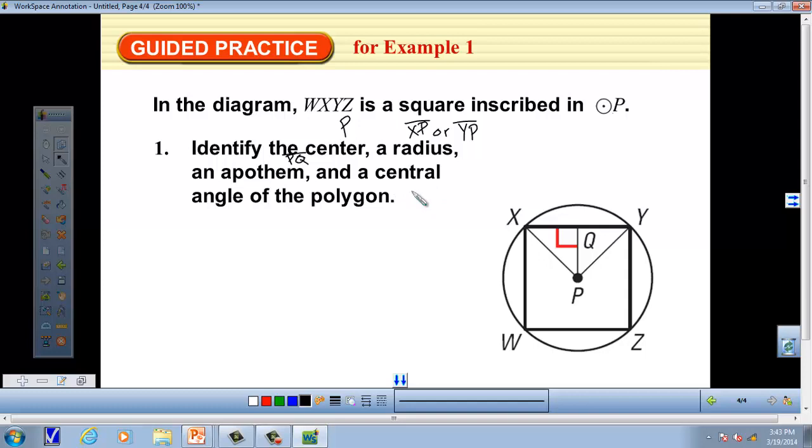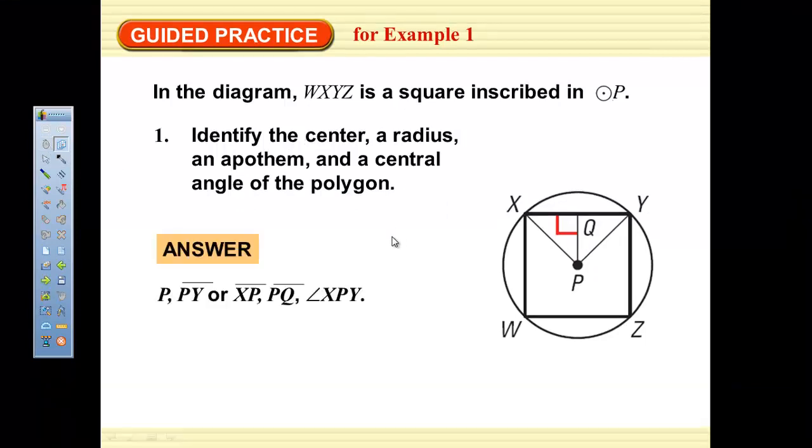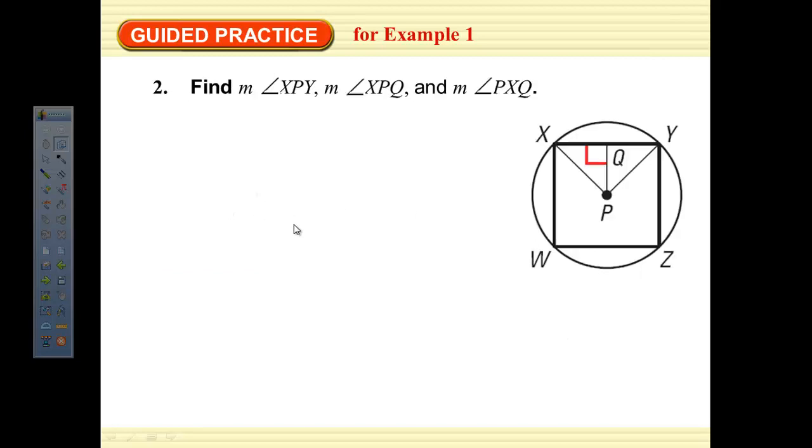Central angle of the polygon is angle XPY. So that's this angle right here. Okay, so again, the center is P. The radii are PY and XP. PQ is the apothem, and the central angle is angle XPY.